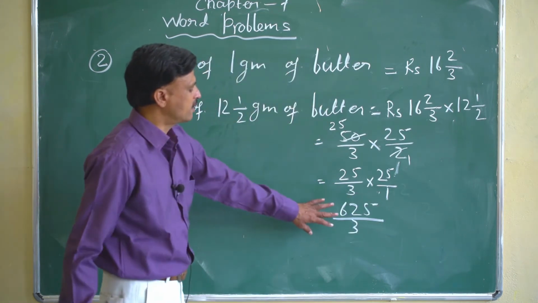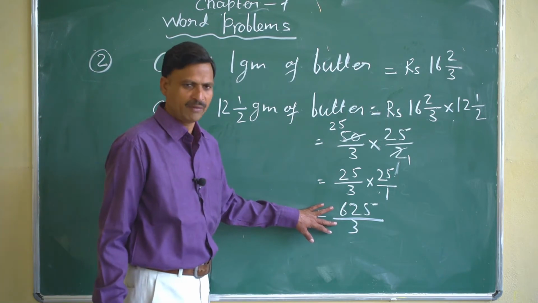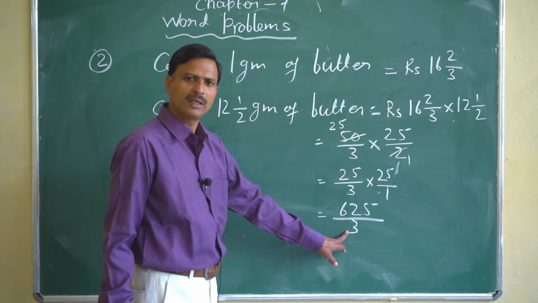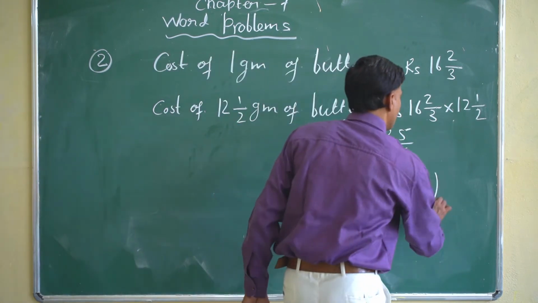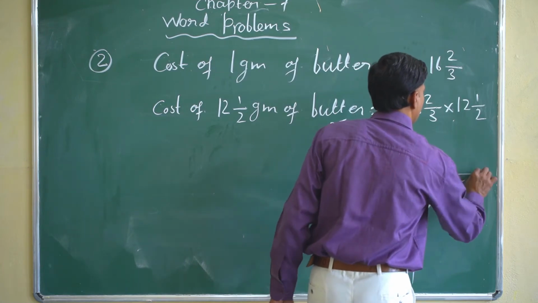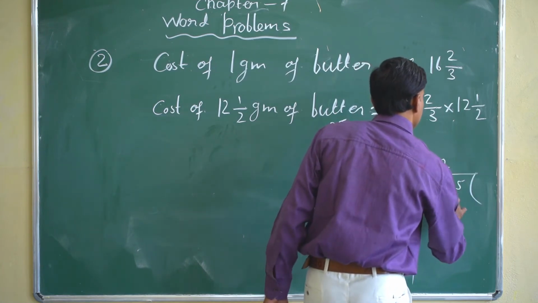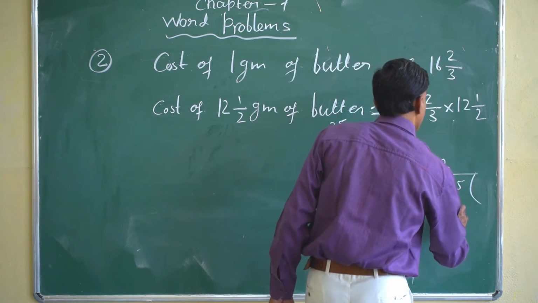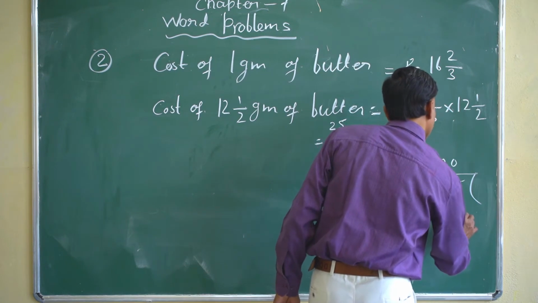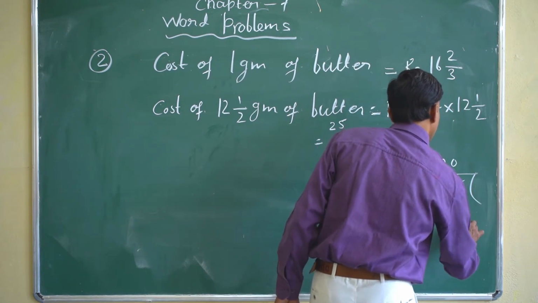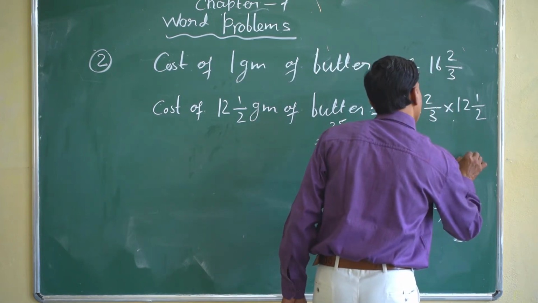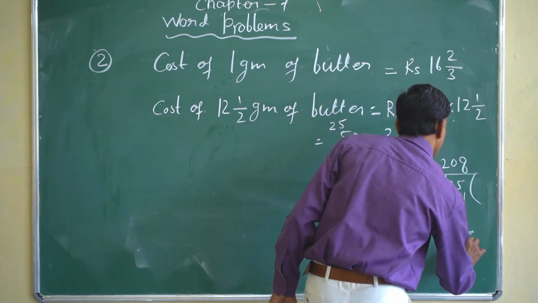We can convert this improper fraction into a mixed fraction also. For that, 625 will be divided by 3. So 625 divided by 3: 6 divided by 3 is 2. Now 2 is not divisible by 3, so 0 times. Now bring down 5, 25, 8 times 3 is 24.